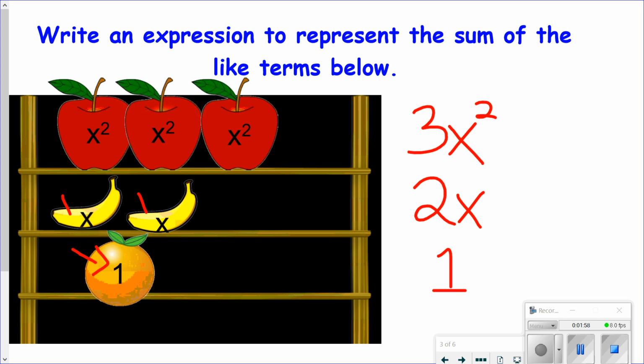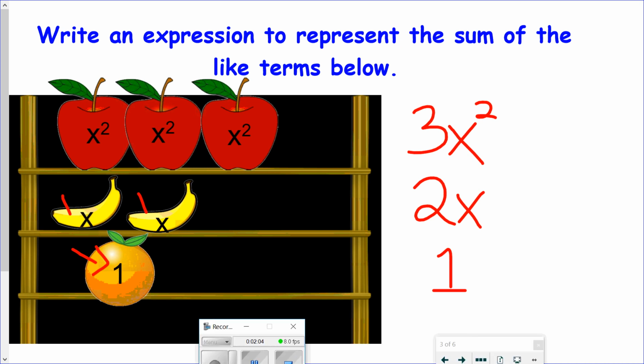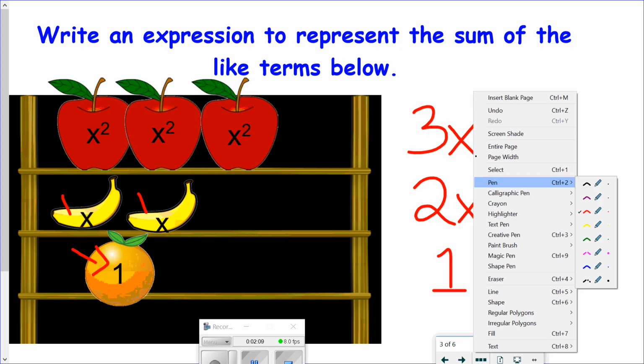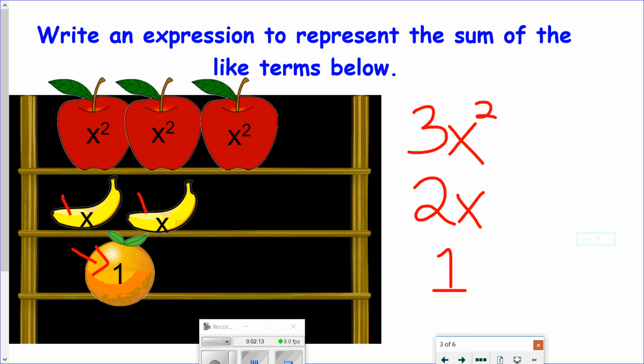If I wanted to combine all of these to create one expression, I'll put them all together, depending on what their sign is. Here, they all happen to be positive.